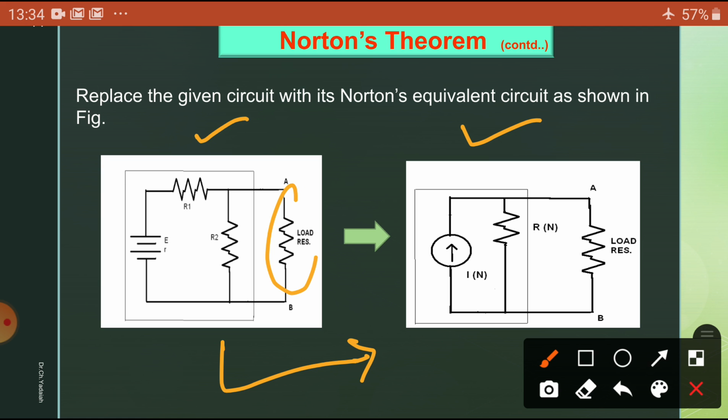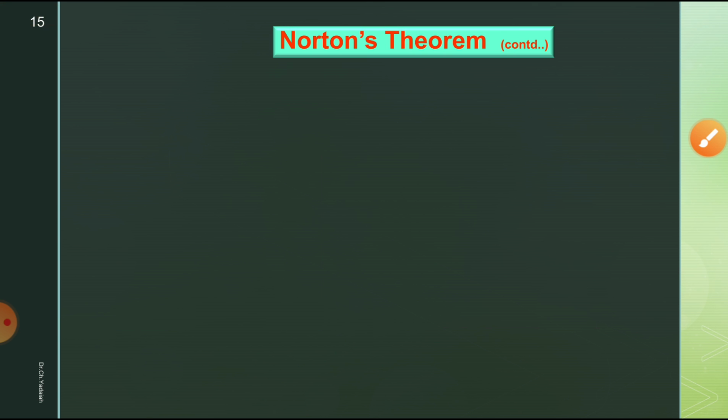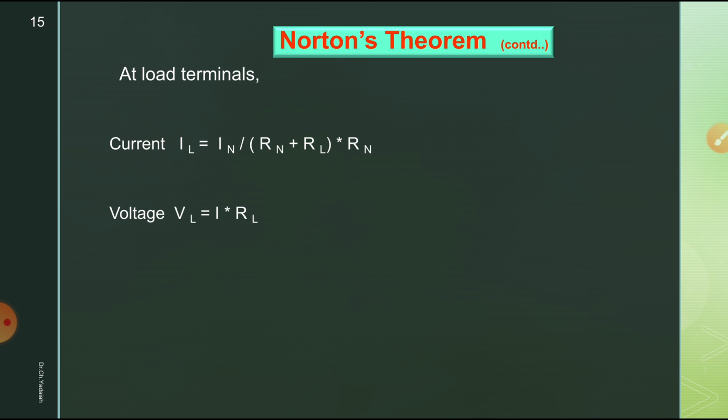It is the same, but the complex circuit is represented by a current source and one resistance connected in parallel. Okay, so that is your aim. Now, how are we going to calculate it here? Simply by the basic theorems, series parallel circuits. Now here we calculate the load terminals, VL and power.